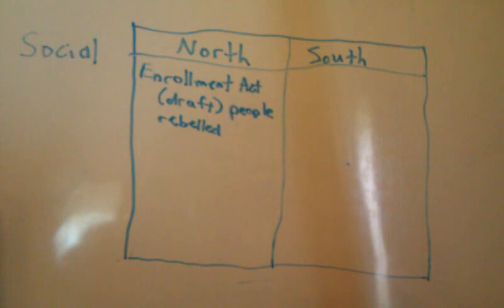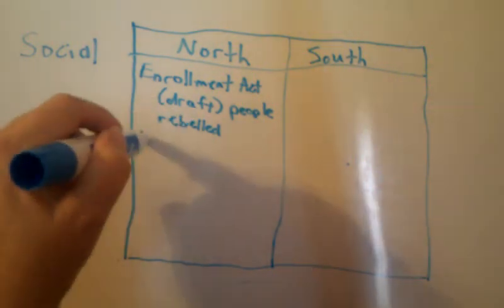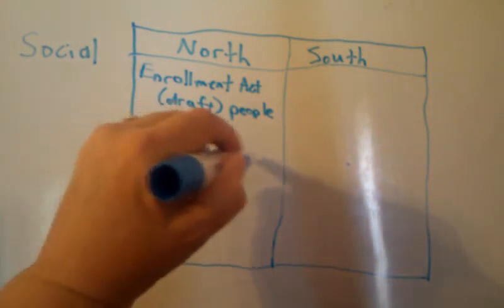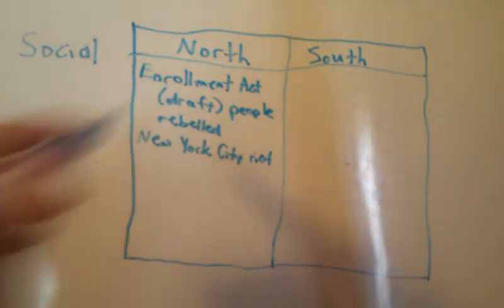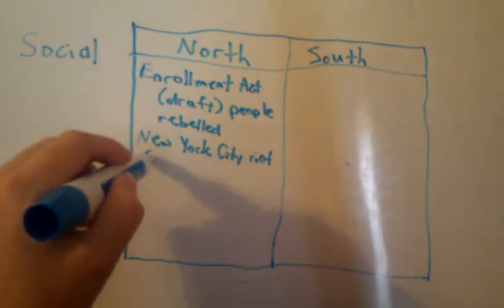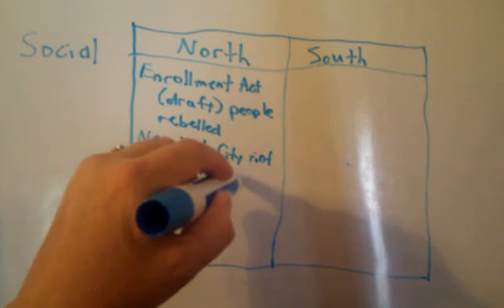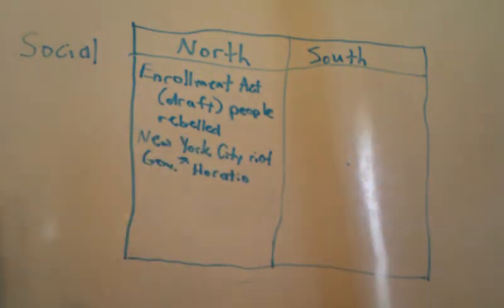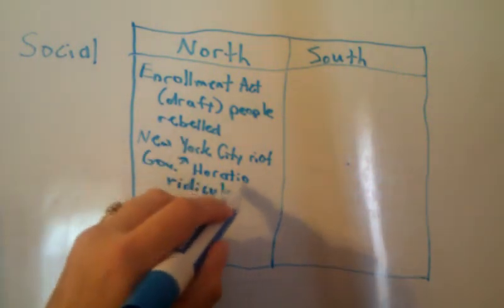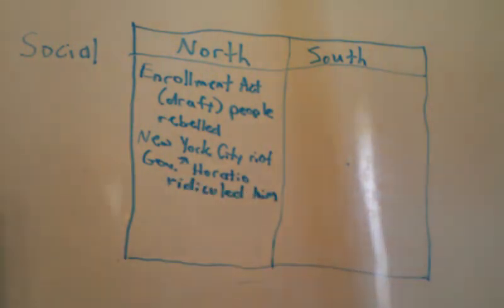Okay, so people rebelled. There was a riot in New York City over this draft. The governor of New York, Horatio, ridiculed Lincoln.